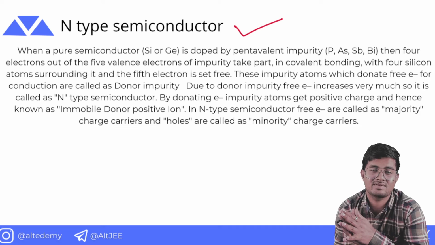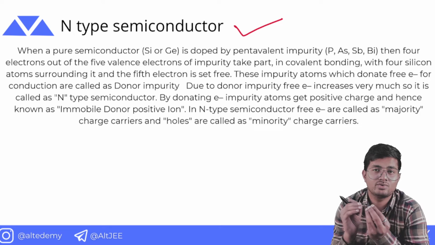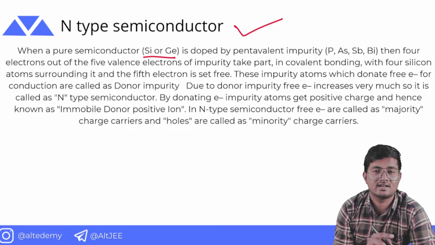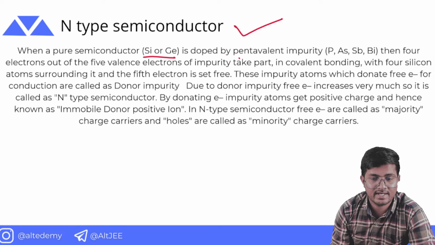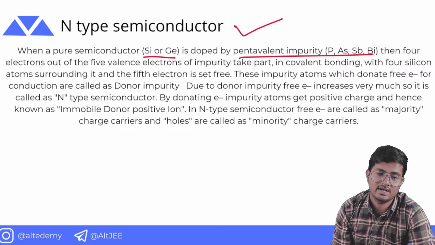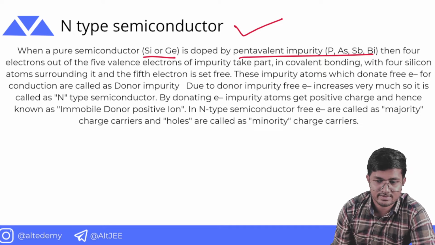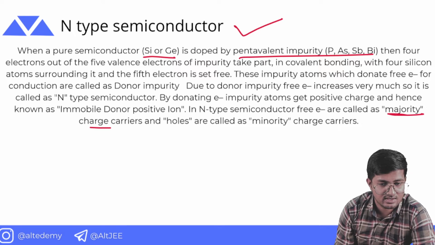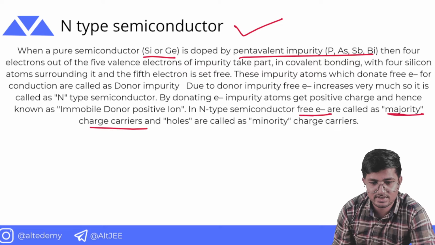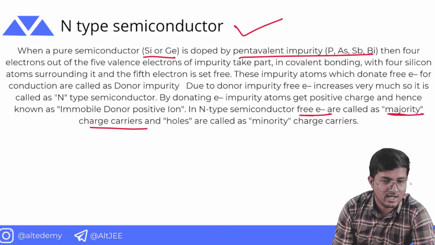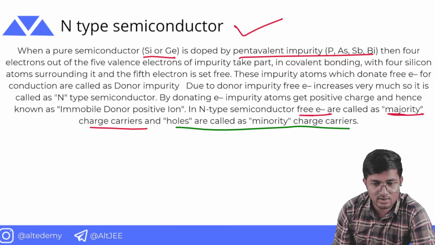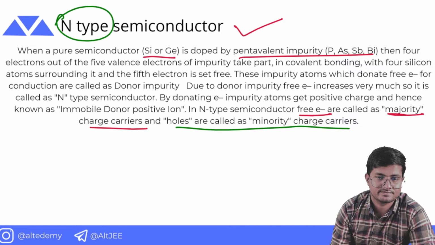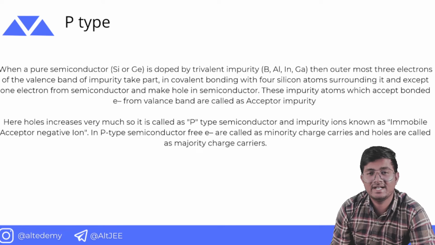To form n-type semiconductor, we have to dope a pure semiconductor, silicon or germanium, with a pentavalent impurity, and these are the pentavalent impurities. All right, great. And the majority charge carriers are free electrons, and holes are the minority charge carriers in case of n-type semiconductor.